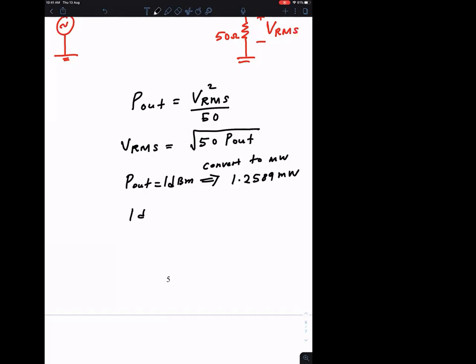The definition of 1 dBm is 10 log of P out over 1 milliwatt. Now solve for P out. Divide by 10 on both sides: 1 over 10 is log base 10 of P out over 1 milliwatt.